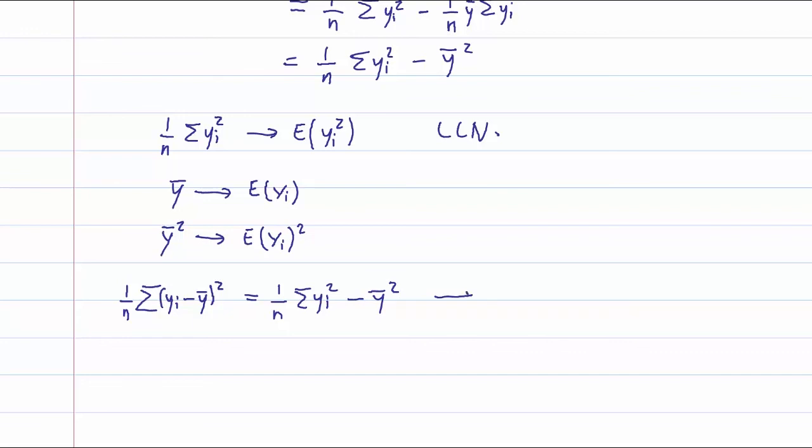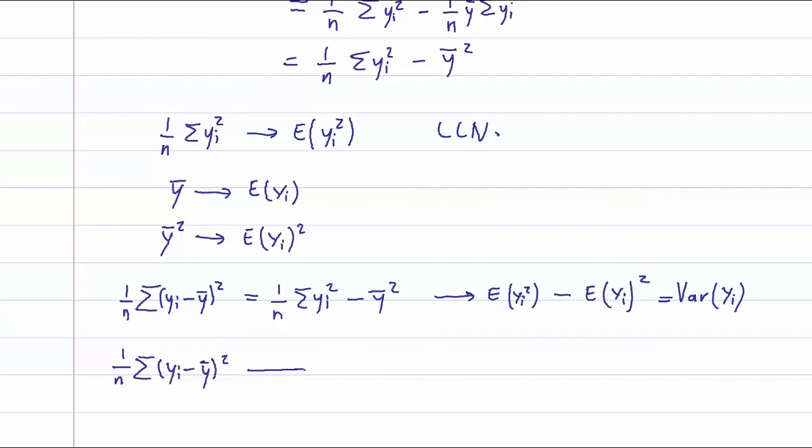The first part converges to expectation of yi square, and the second part converges to expectation of yi, close the expectation, square. This is one of the definitions of the variance of yi. So 1 over n sum of yi minus y bar square converges in probability toward the variance.